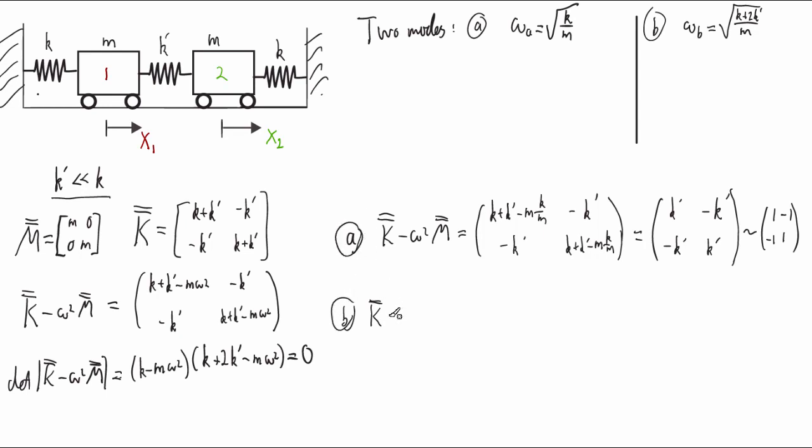K minus omega squared M equals, and all that I'm doing here is inserting this where omega is. I'm already removing the M here from the outset.